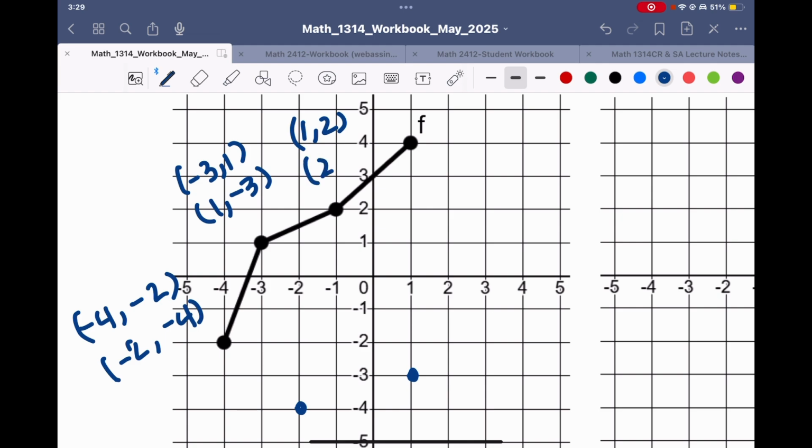The inverse is 2 comma 1. Oh, negative 1 comma 2. So the inverse is actually 2 comma negative 1. And then this last one is 1 comma 4. The inverse is going to be 4 comma 1. And then we connect the dots.